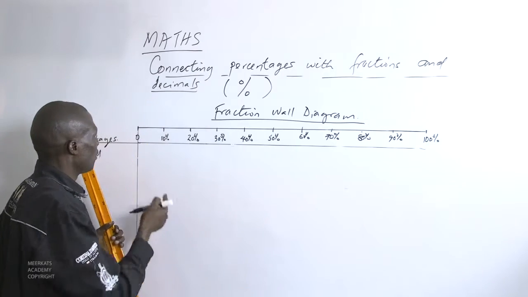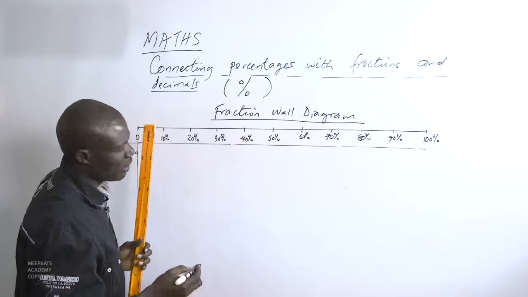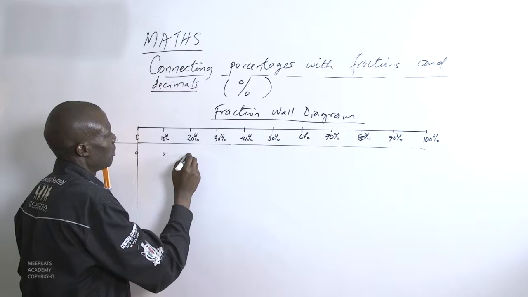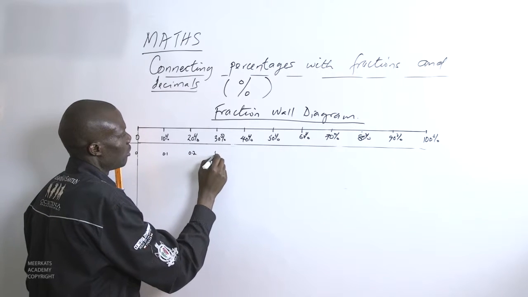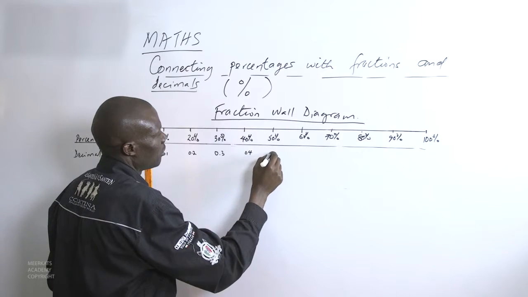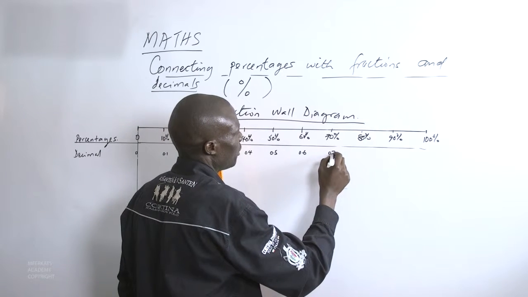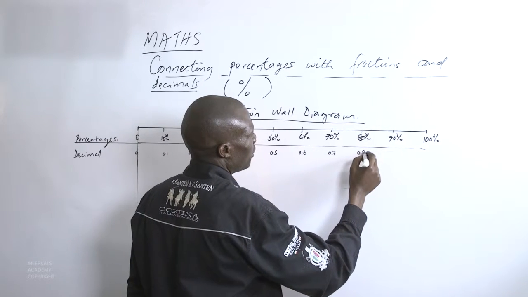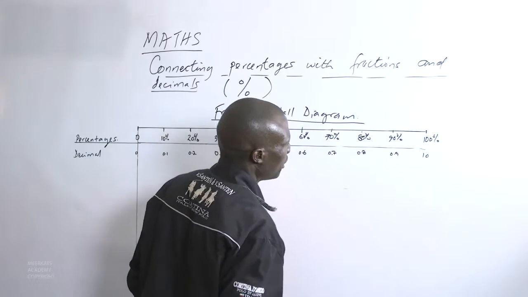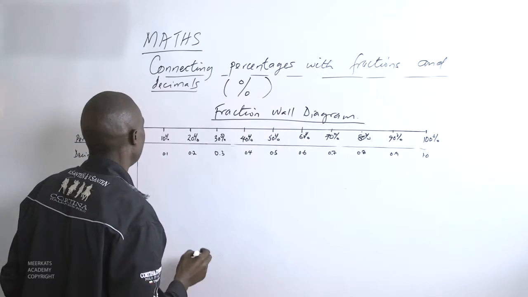For decimals, this one remains 0. 10% is 0.1, then 0.2, 0.3, 0.4, 0.5, 0.6, 0.7, 0.8, 0.9, and 1.0.